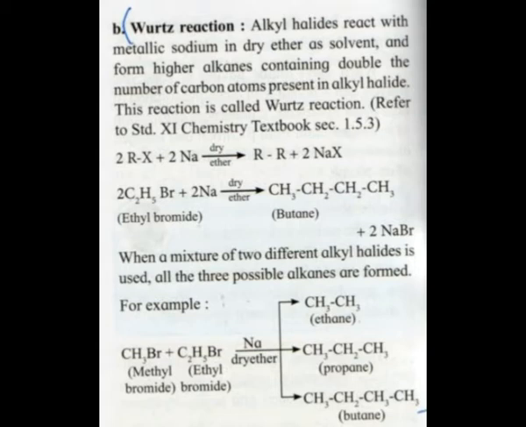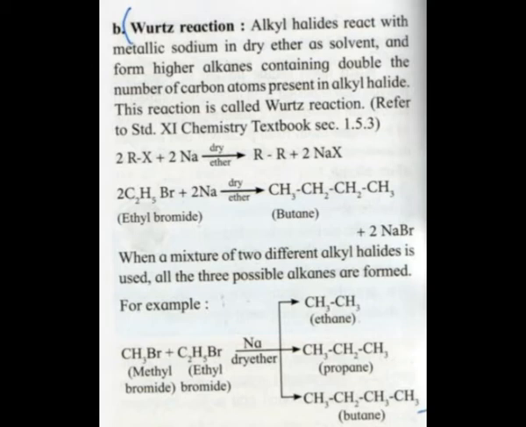This reaction is called Wurtz reaction. That is, 2RX plus 2Na in presence of dry ether gives you an alkane, that is R-R, plus 2NaX. 2C2H5Br plus 2Na in presence of dry ether gives you butane. So from a lower alkyl halide you get a higher alkane.